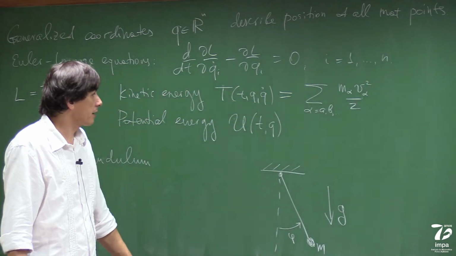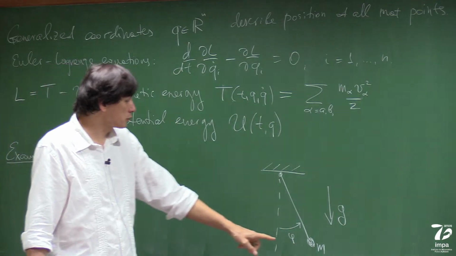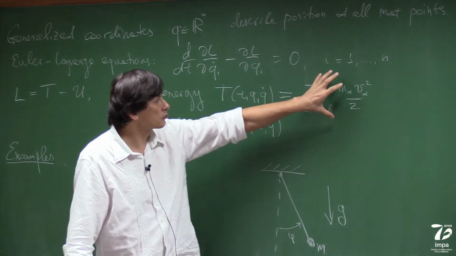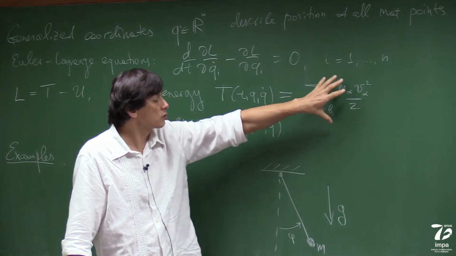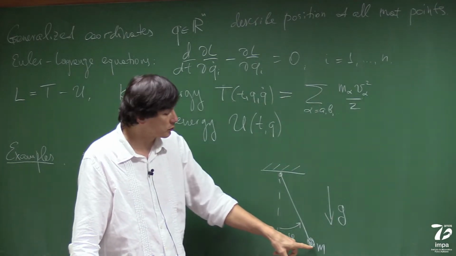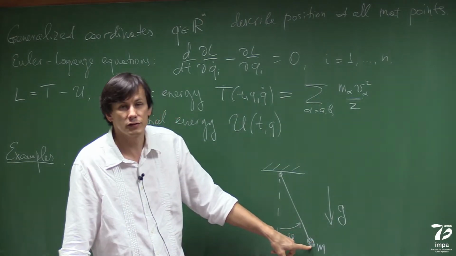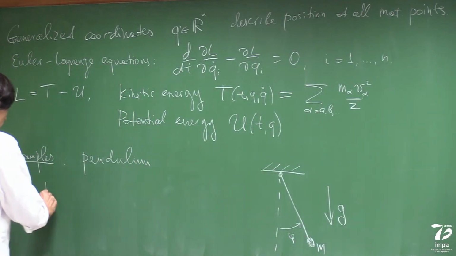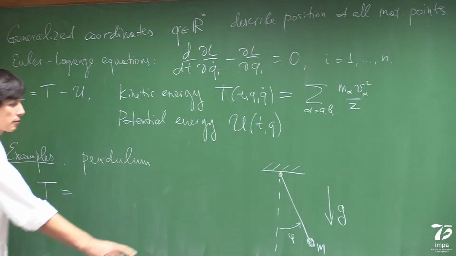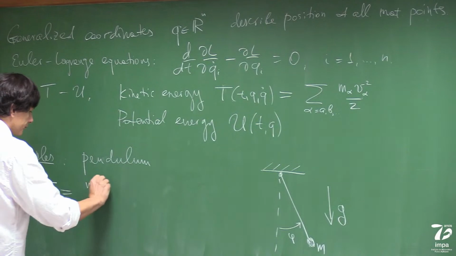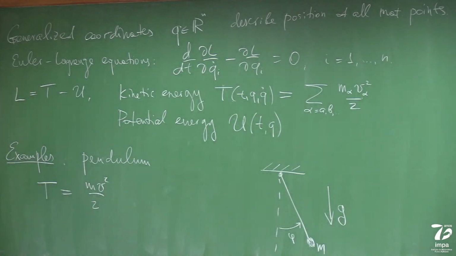And we are looking for the equation with respect to psi, so we only need the contributions which depend on psi. All that depends on psi is the velocity of this mass. The other masses do not make a contribution. So for the pendulum, kinetic energy is the energy of that mass, m v squared by 2.